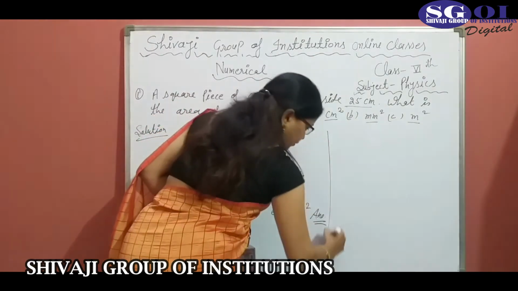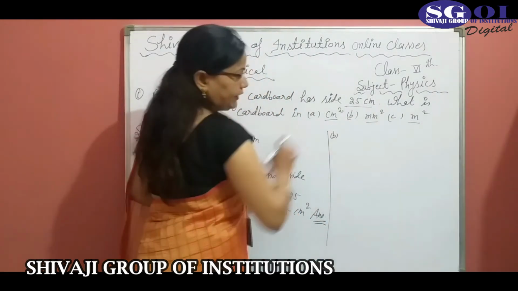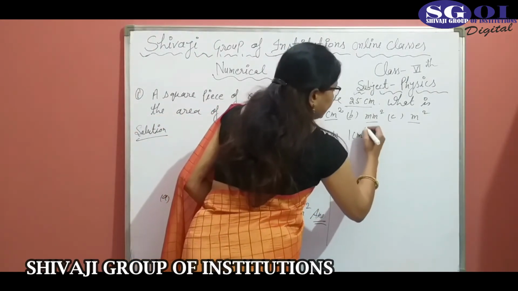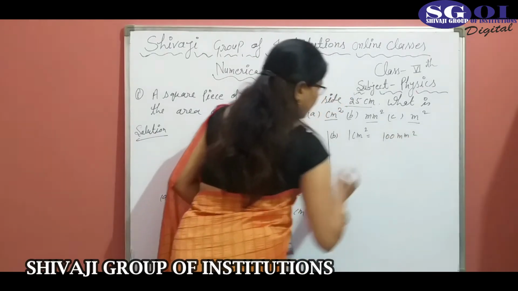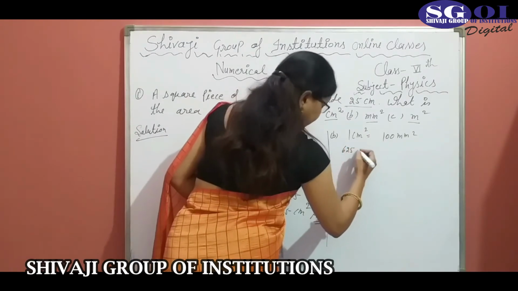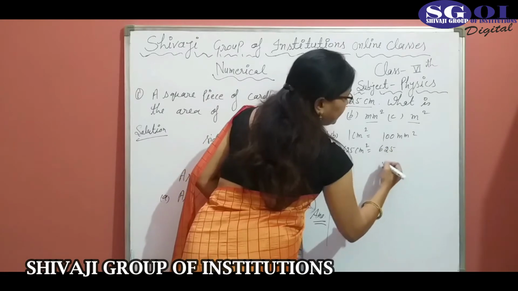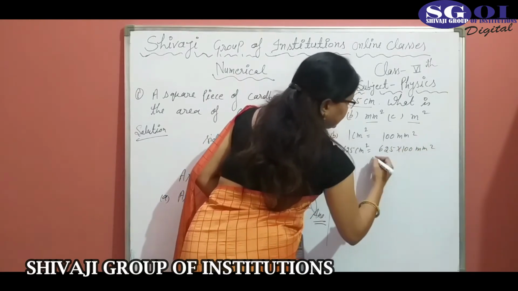Now area of cardboard in millimeter square. Student, as you know that 1 centimeter square equal to 100 millimeter square. So 625 centimeter square equal to 625 into 100 millimeter square.